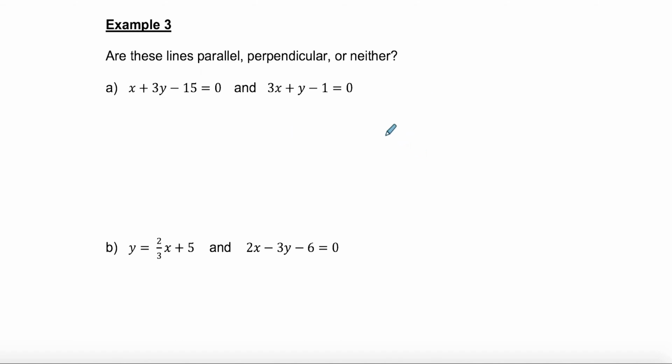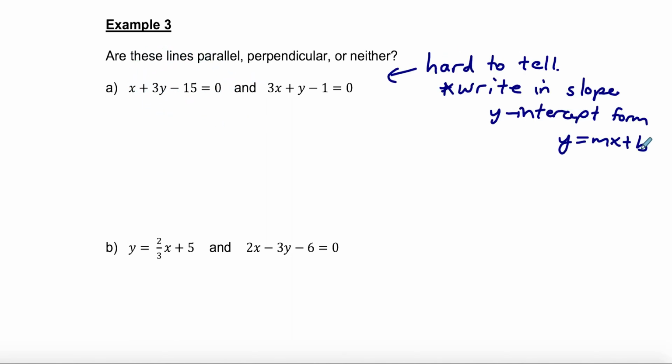It's really hard to tell what the slope is when your equation of your line is written in standard form. So even if it doesn't say, you should probably write these in slope y-intercept form. You have to know that this form, when I get my y alone, and I move my -15 and my x to the other side, is going to tell us what the slope is. It's going to be really obvious.